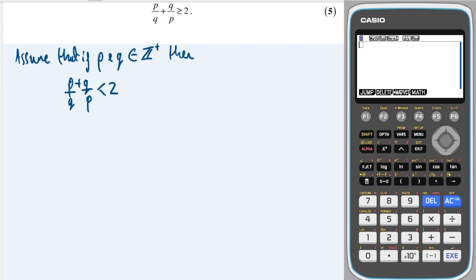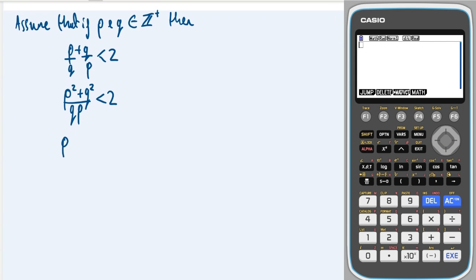Okay, find a common denominator of qp, which gives me p squared plus q squared. Multiply that denominator up. Gives me this. Move it all over to one side.